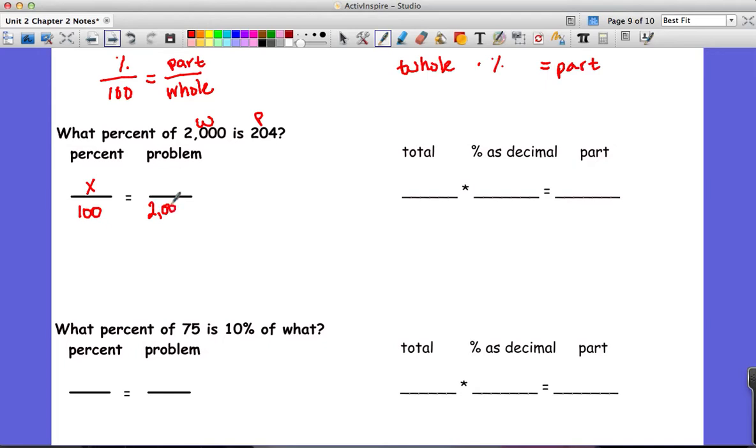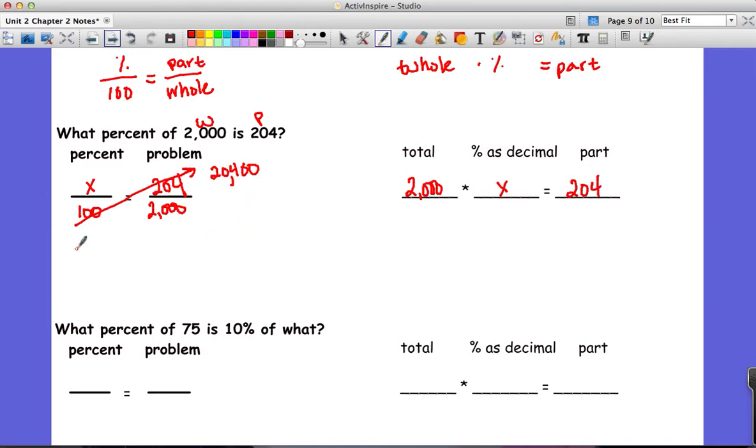So x over 100 equals 204 over 2,000. I can also set it up by saying 2,000, which is my total or my whole, times my percent, which I don't know, is equal to my part, which I know is 204. To solve this, I cross multiply, I do 100 times 204, and that is going to be 20,400.